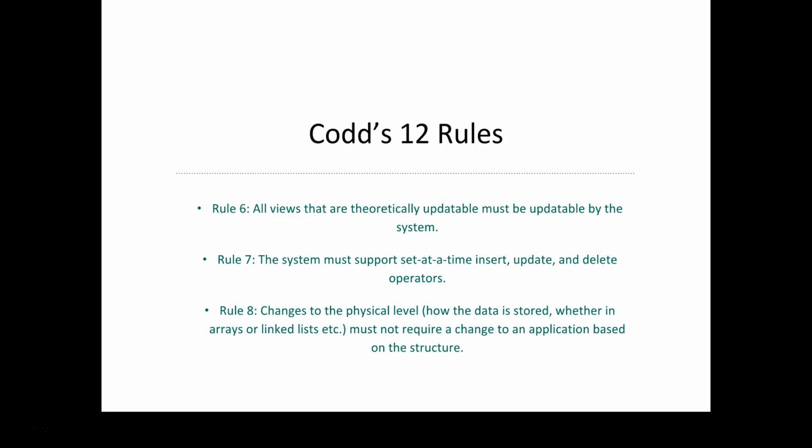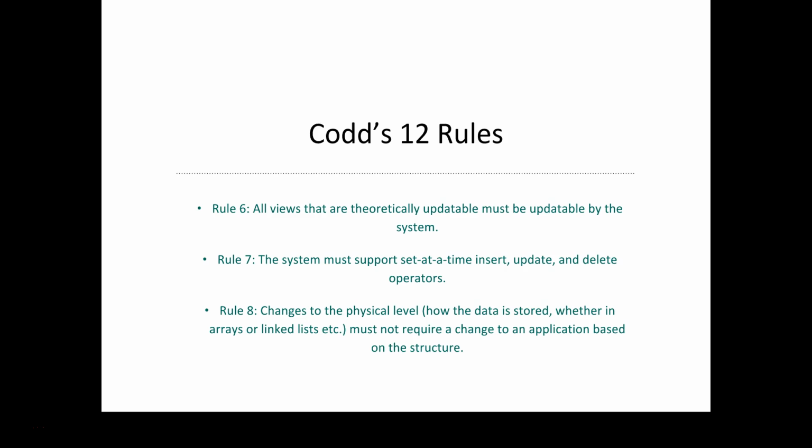And rule 8 is a very, very important rule. Changes to the physical level must not require a change to an application based on the structure. As you know, in data structures, if the records number, say, 100,000, maybe the data structure used to store that is something like an array, and if it's more than that, maybe it is a linked list or something like that.